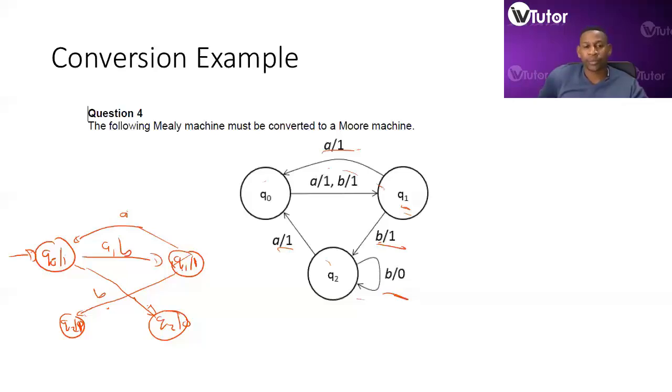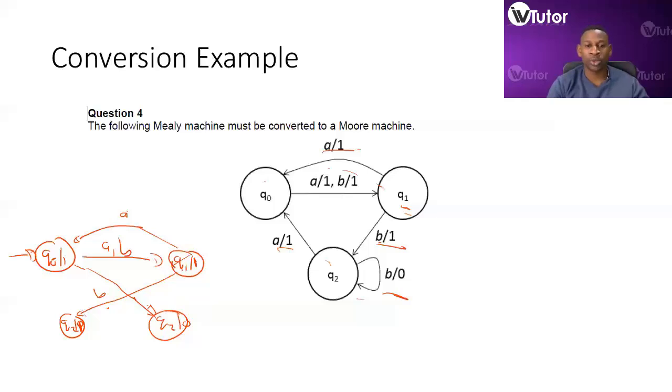And then Q2 receives its input from itself. Then if you've come to Q2 and you've maintained your 1, then what you can do is you can exit.